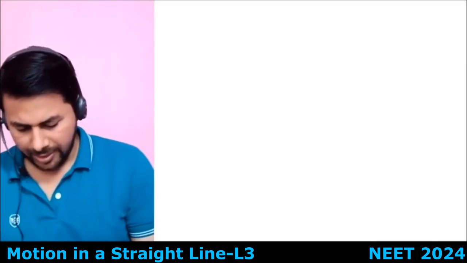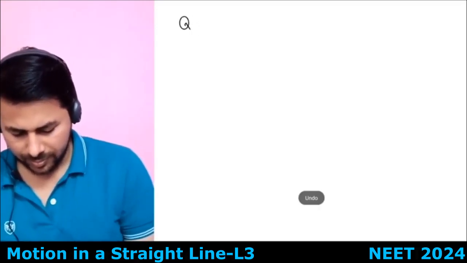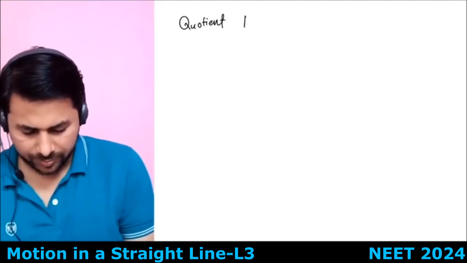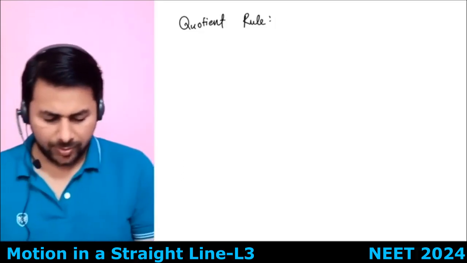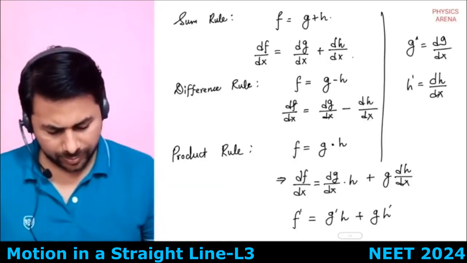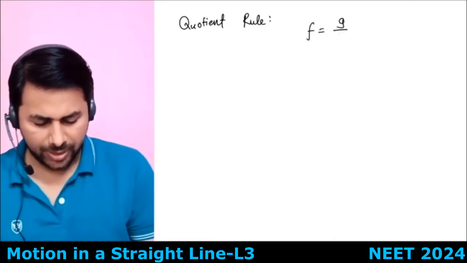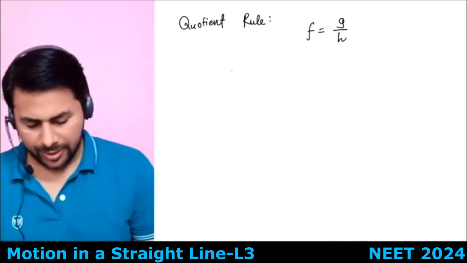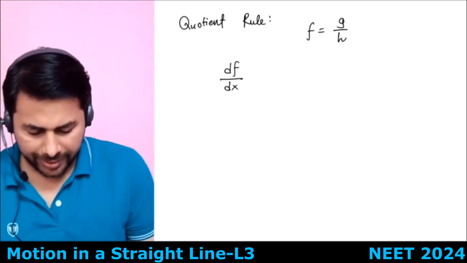So then next is quotient rule of derivatives. So suppose f is equal to g upon h, or you can say u upon v. Then what will be this df by dx?